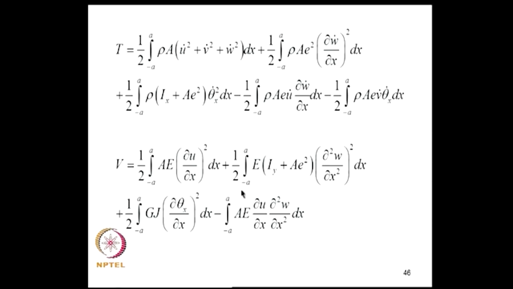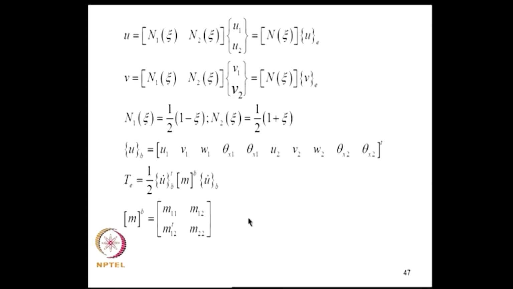Now the field variables are u, v, w, theta x. These are the field variables. Now we represent them in terms of interpolation functions and nodal values. First the membrane action, u is u1 u2, these are the interpolation functions.